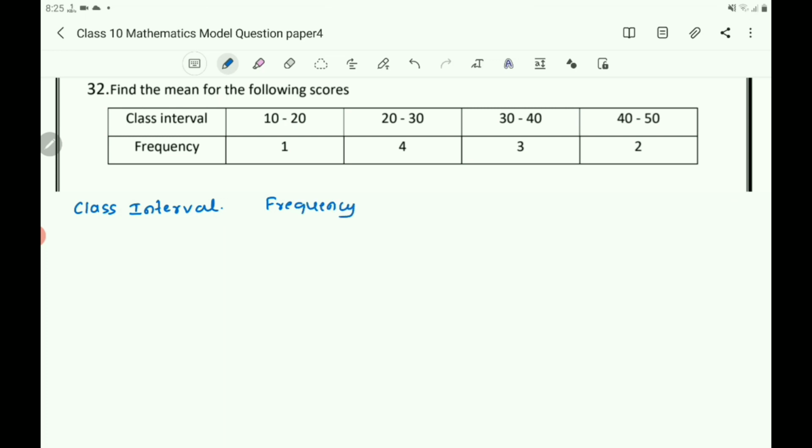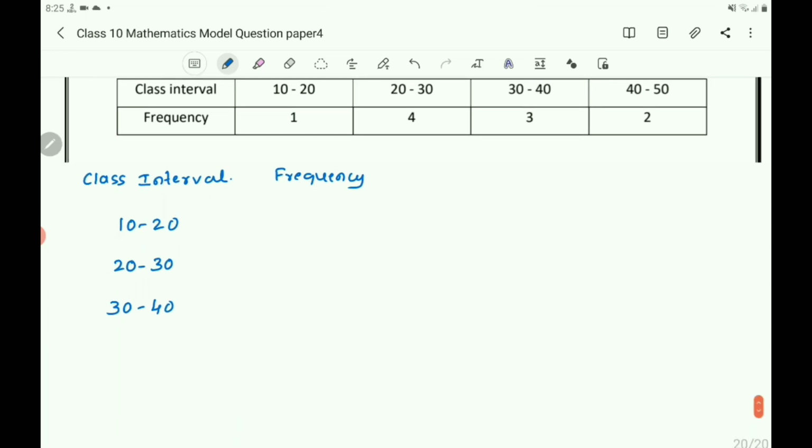So class intervals are 10 to 20, 20 to 30, 30 to 40, 40 to 50.